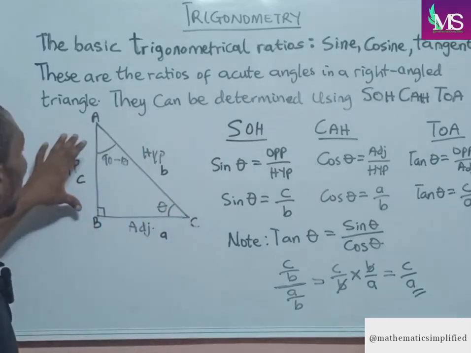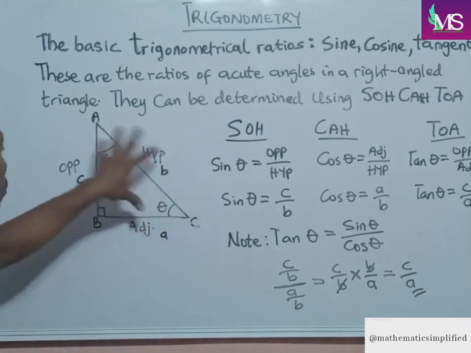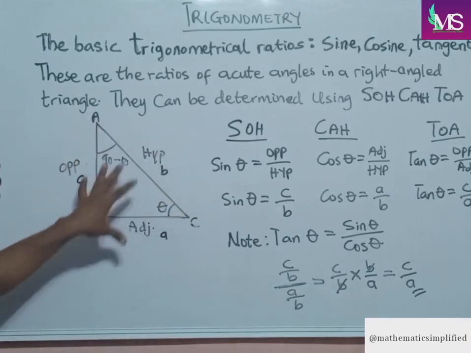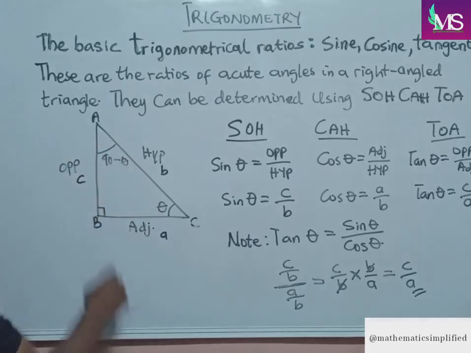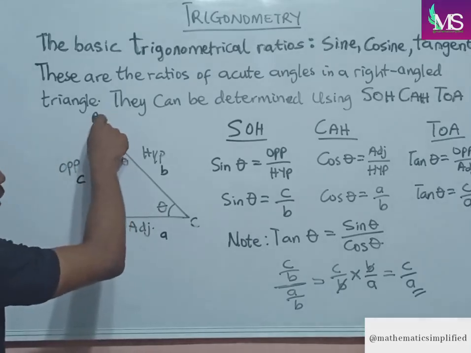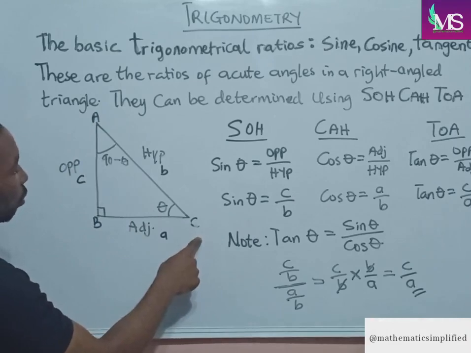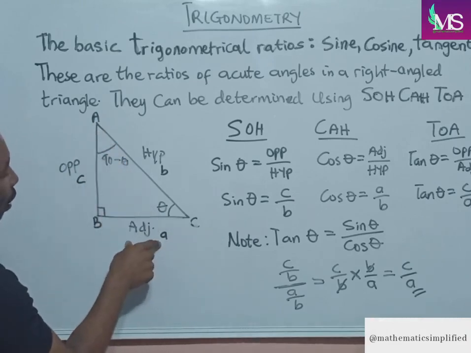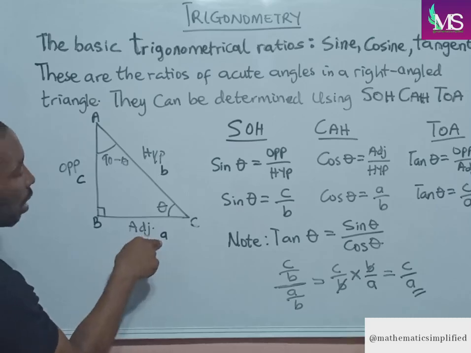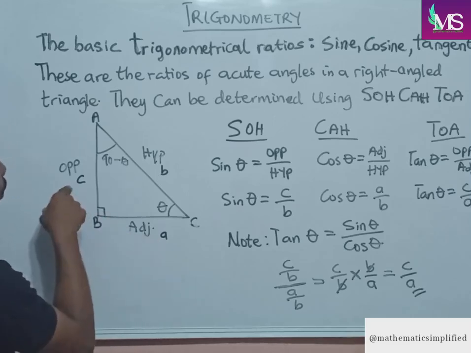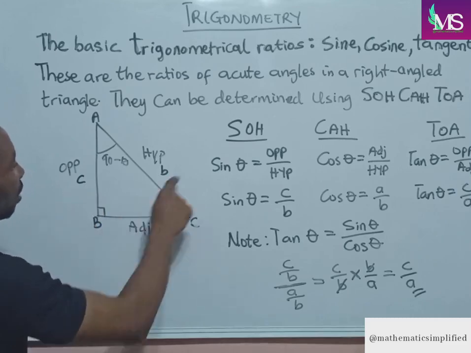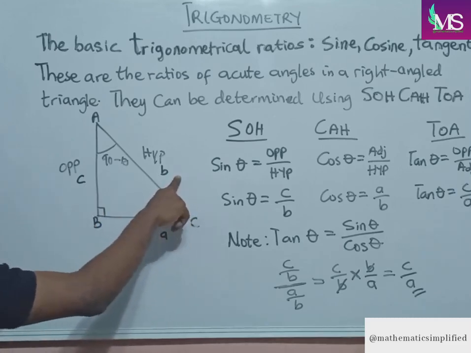Now back to our triangle. To determine our sin theta, cos theta and tan theta, if these are positions A, B, C on the triangle, our adjacent becomes small a, opposite becomes small c, and hypotenuse becomes small b.